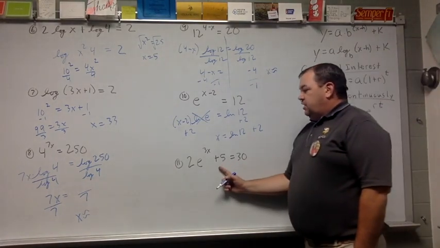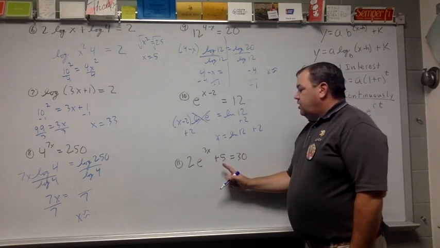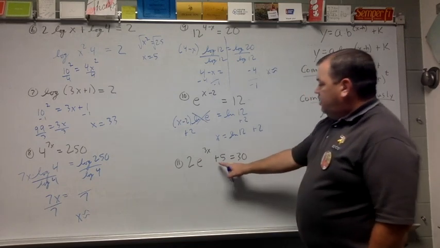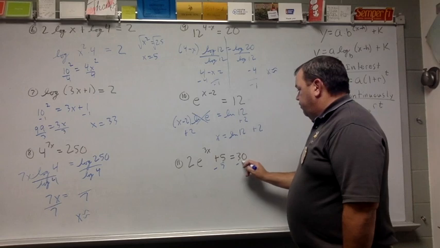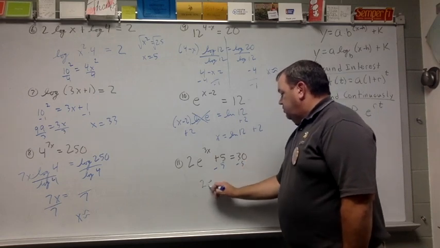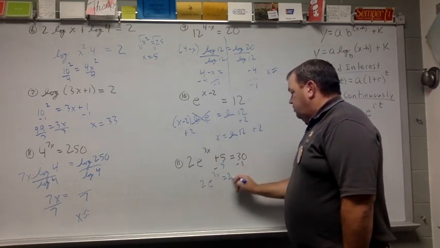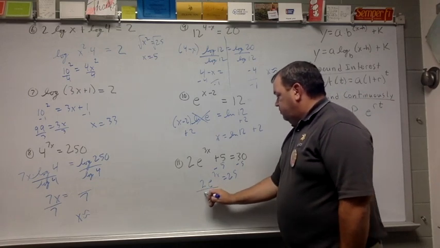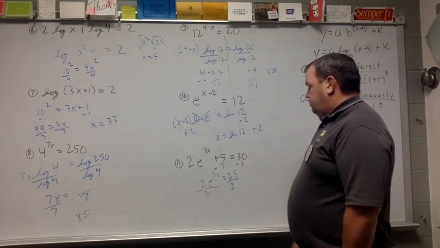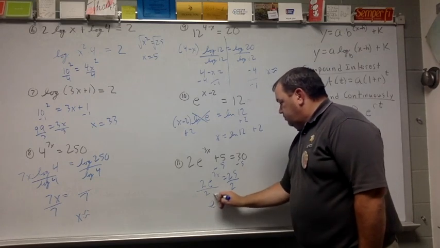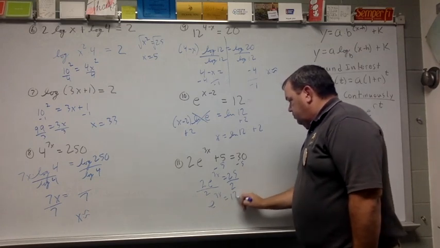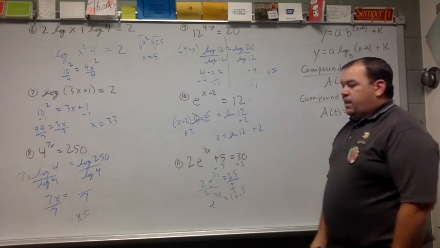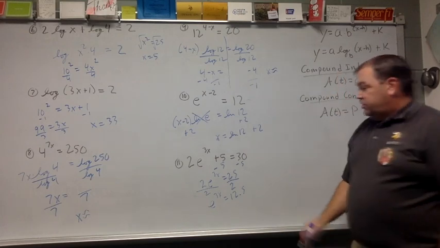This one also has an e in it, so we're going to do the same thing. The only difference here, I need to move the 5 out of there first. Then I need to get the 2 out of there. Now I can take a natural log of both sides.